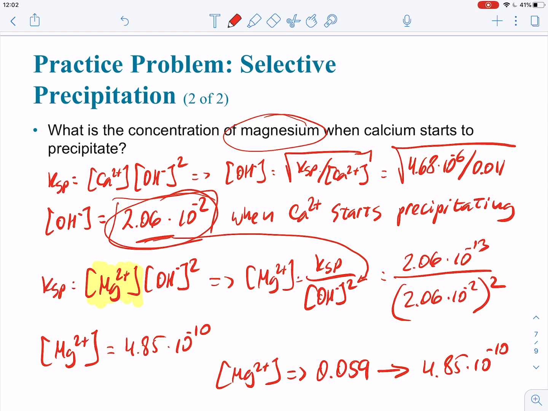Well, you need to find something, in this case hydroxide, that will cause the precipitation of both, but with significant differences in solubility that allow you to completely precipitate one of the metals before the other starts precipitating. So that's what you are looking at here. Something that will cause precipitation of everything, but the difference in solubilities is large enough that you can precipitate one in the presence of the other. Okay? So that is all that you need to know about precipitation.